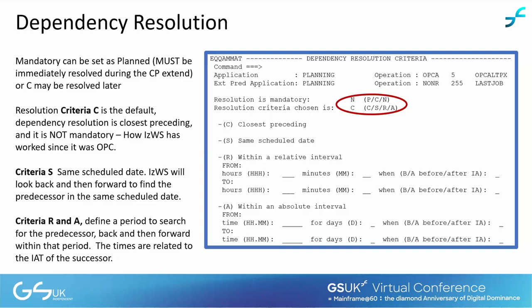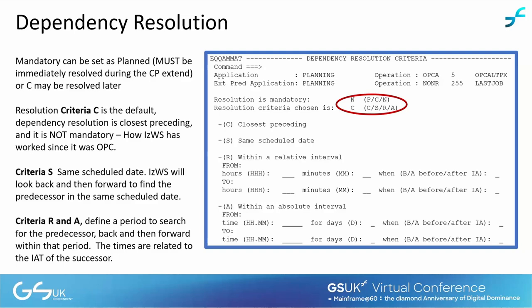And this one is when you have a time when you expect it to happen. So within an absolute interval, you'll say from a specific time, and then how many days. So you could be looking for something 5 days before, I don't know, or 3 days after. So you could put that here. That's your absolute interval.